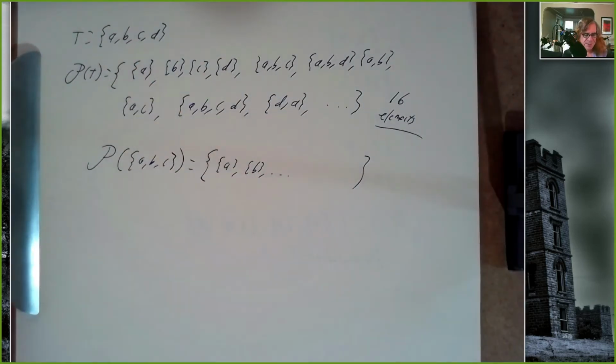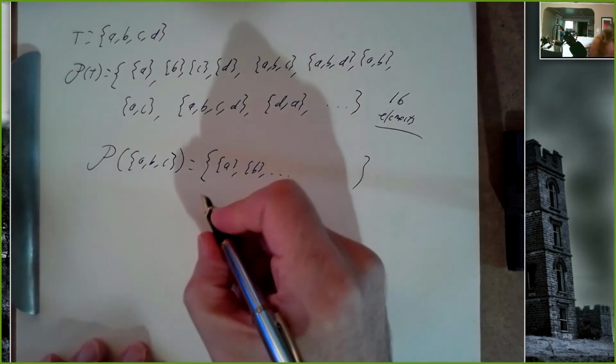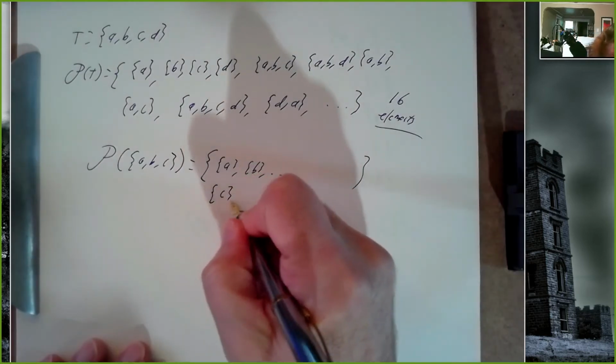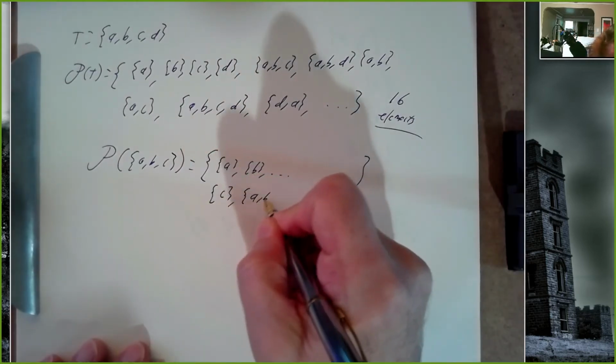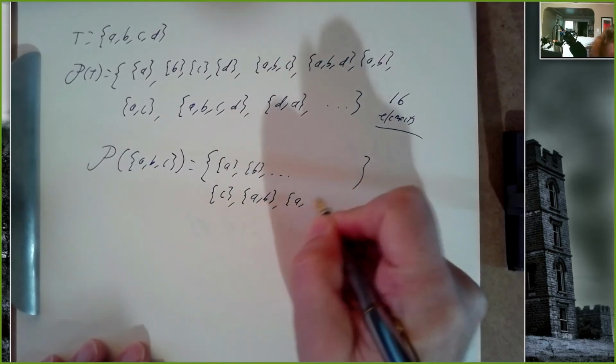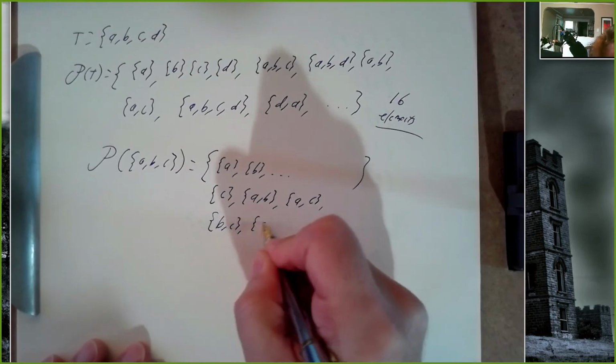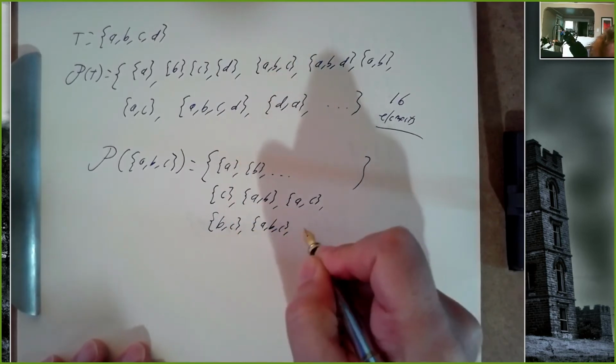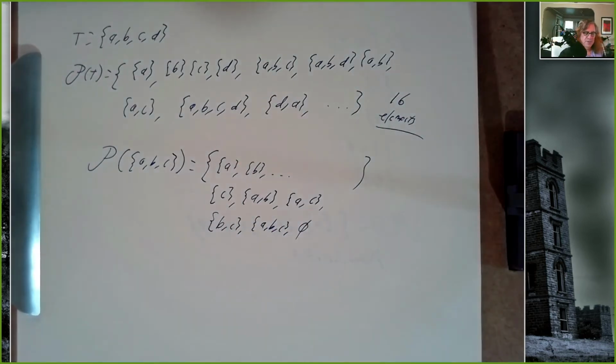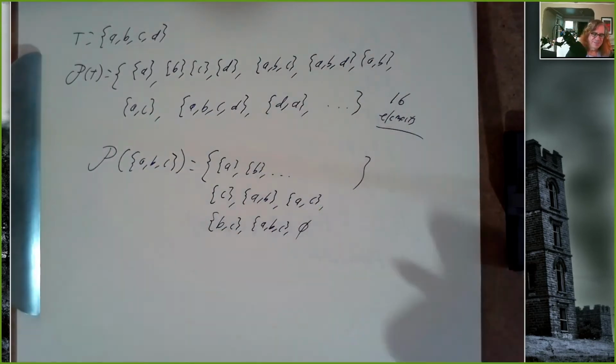And if we have 3 things, let me go ahead and show you the members of this power set. There's the power set of a set of 3 elements. 1, 2, 3, 4, 5, 6, 7, 8 things.